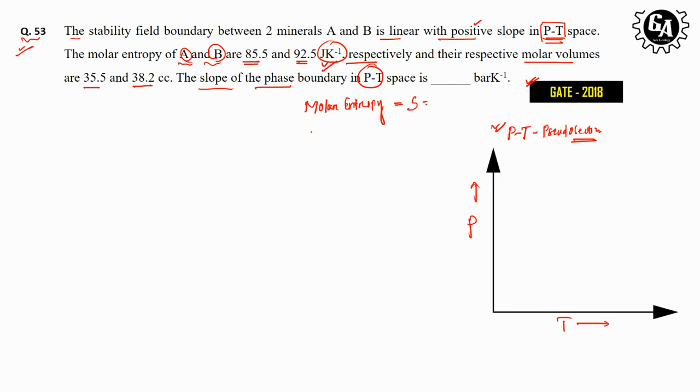And molar volume V is given. S and V are given for mineral 1 and 2.